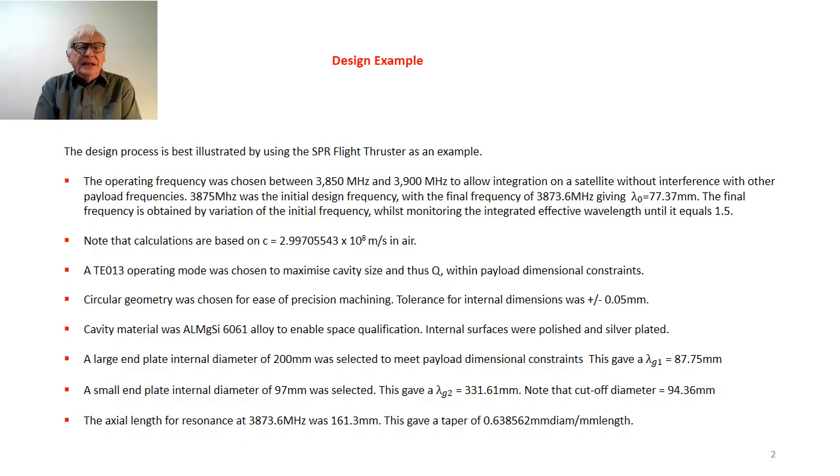A TE013 operating mode was chosen. So the p-value is 3, which is 3 half wavelengths, and the operating mode was actually chosen in this case to maximize the cavity volume within the payload dimensional constraints.